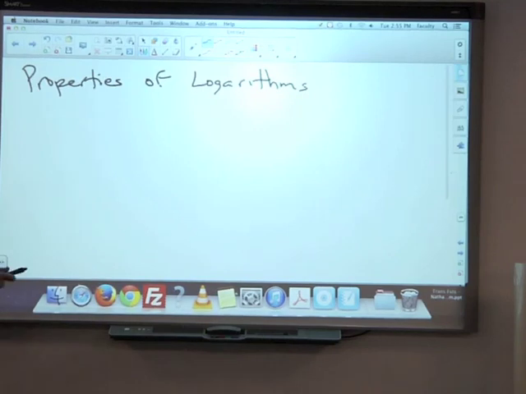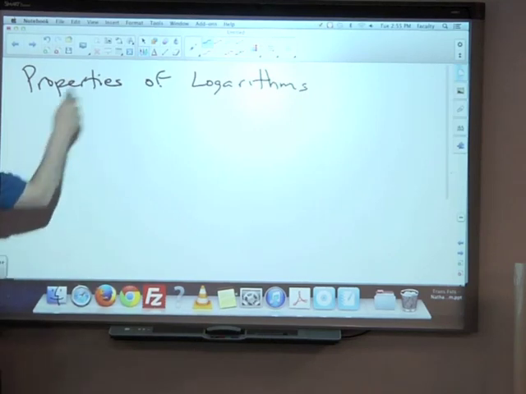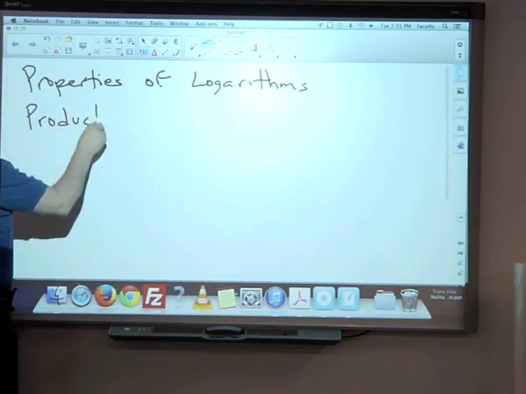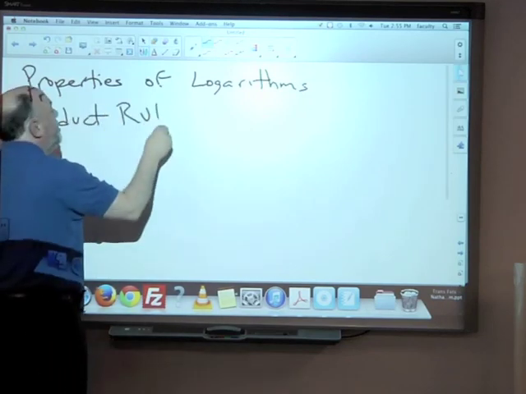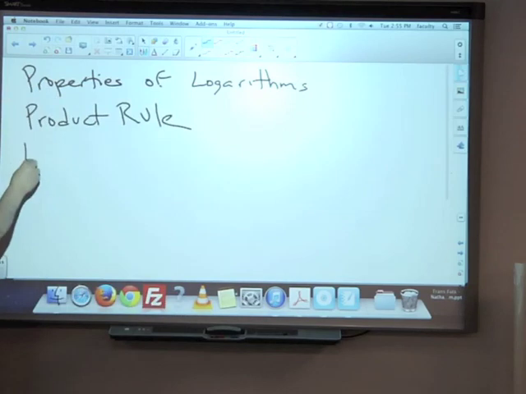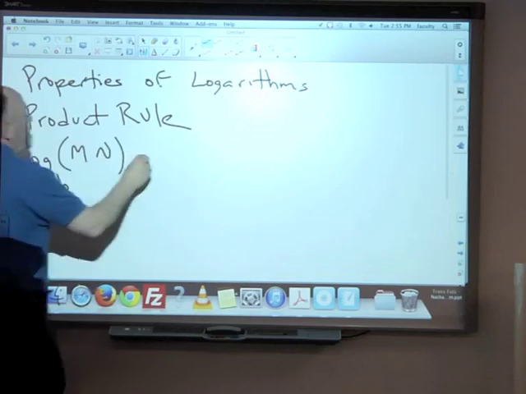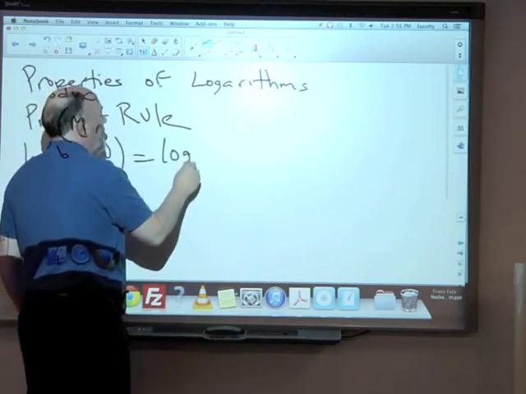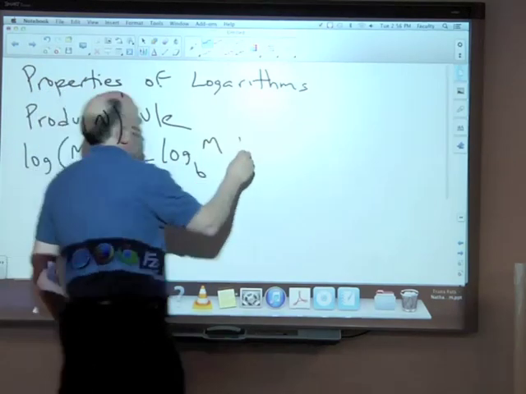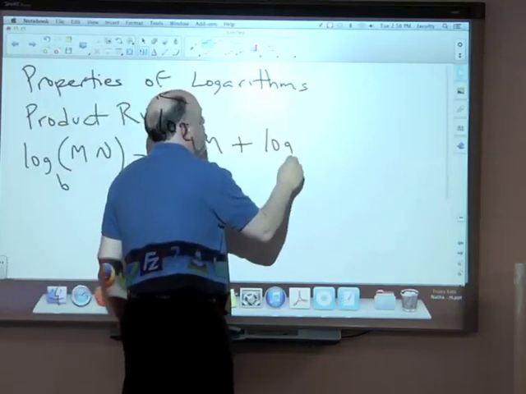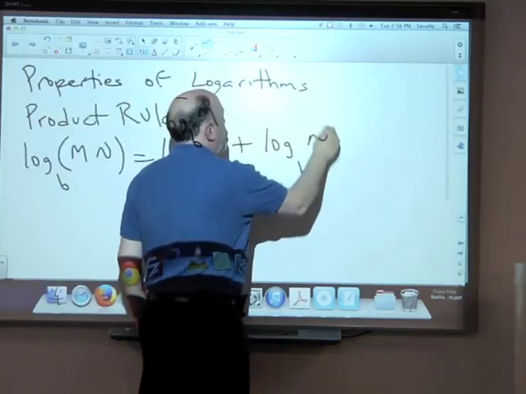Okay? So in terms of basic properties, the first property is the product rule, which says that the log base b of m times n is equal to the log base b of m plus the log base b of n.